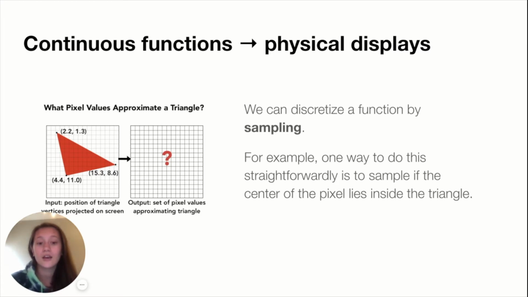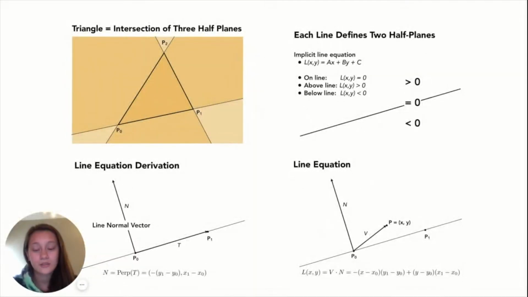So, how do we actually perform this test? Here, I'll go through a little bit of the math for performing this point in triangle test, but you should probably rewatch the lecture if you want to go through the whole derivation of this test.